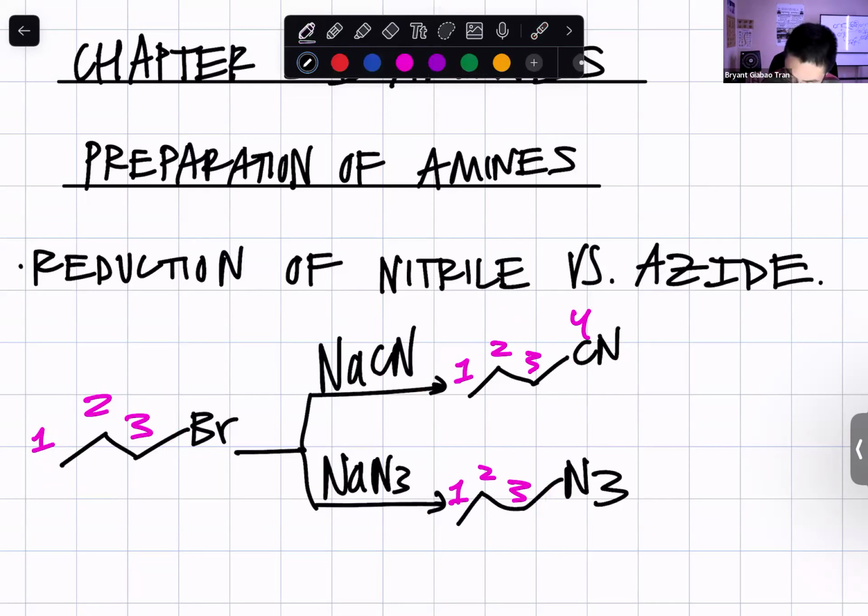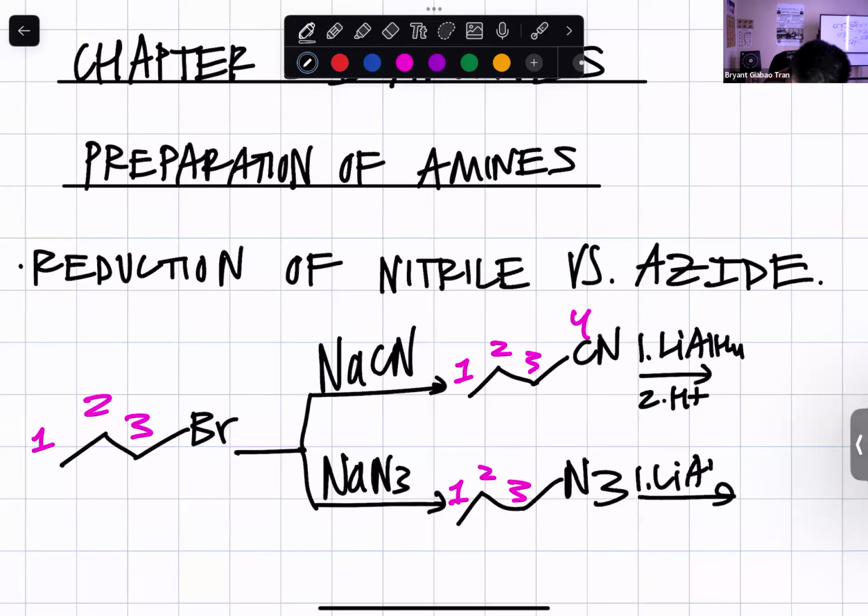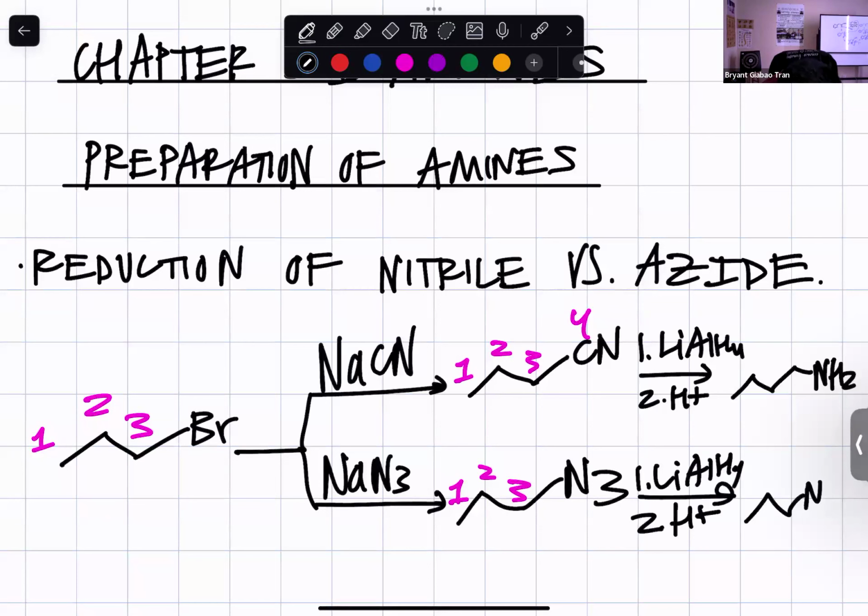So once we have the nitrile and azide, we could reduce it using lithium aluminum hydride, acid workup, and reduce it to the amine, NH2.